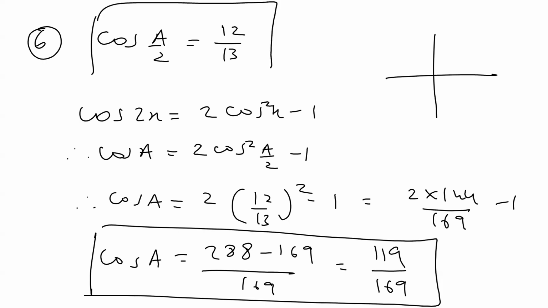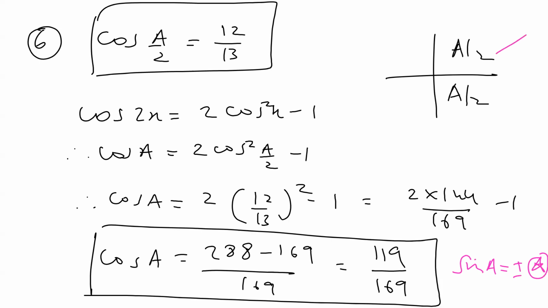When I say cos A by 2 is equal to 12 by 13, A by 2 can lie in the first quadrant or fourth quadrant. So cos is positive. Correct? So when you solve for sine by the triangle method, the final answer will be plus or minus of the value, because in the first quadrant it is going to be positive, fourth quadrant it is going to be negative. Obviously for tan, same thing. First quadrant positive, fourth quadrant negative. So that much care you take.